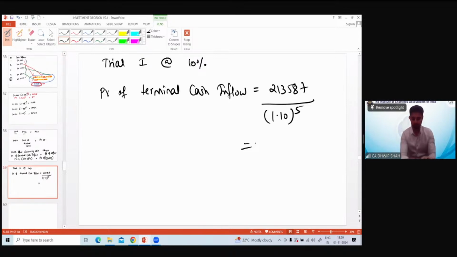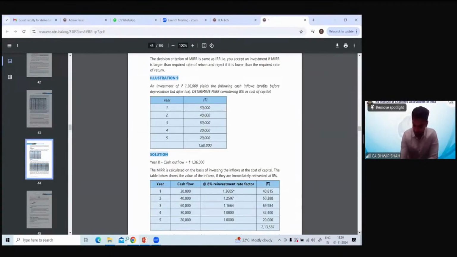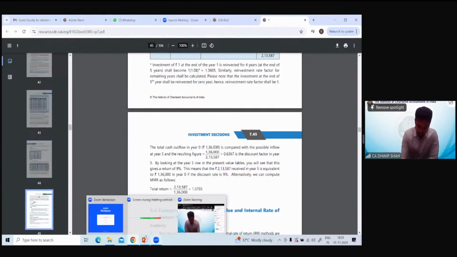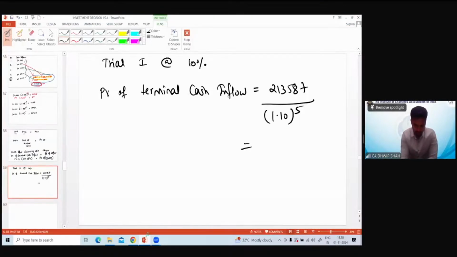So how much is coming? 213,587 divided by 1.1 to the power 5. Everyone please calculate. 136 is given in the question. 136 is the outflow that is given in the question.